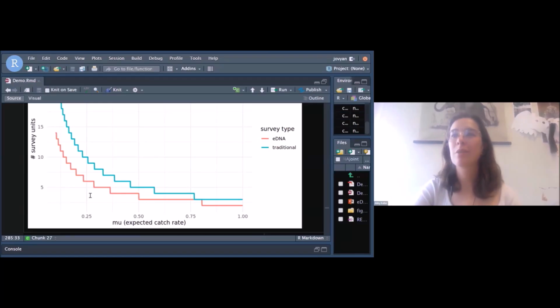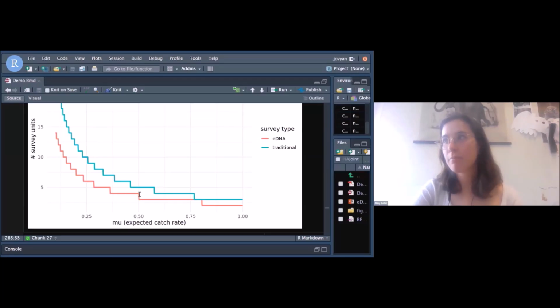Just to help with this interpretation, let's say the species density, the expected catch rate, is 0.25 gobies per net. It would take around 6 water samples and 10 traditional samples to detect species presence. Let's say we have a different site where the species density is higher, so now the expected catch rate is 0.5 gobies per net.